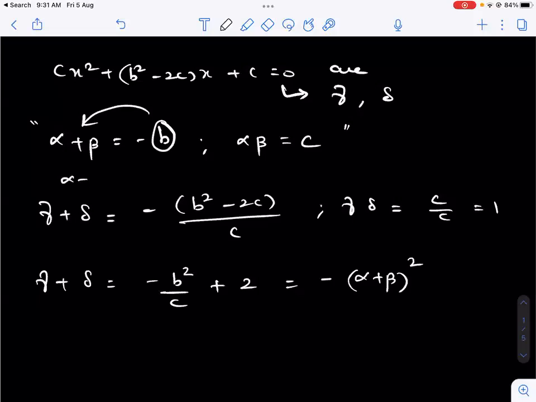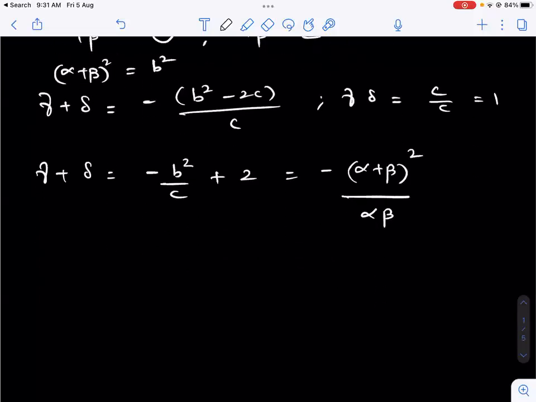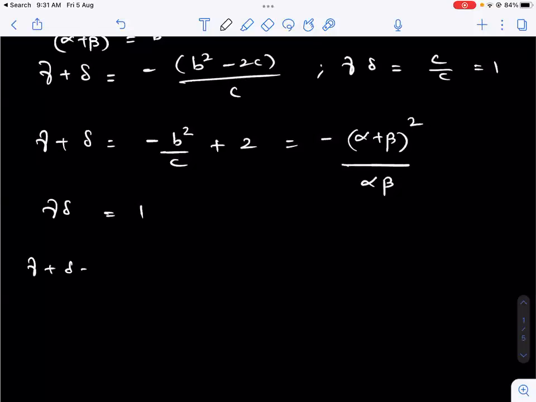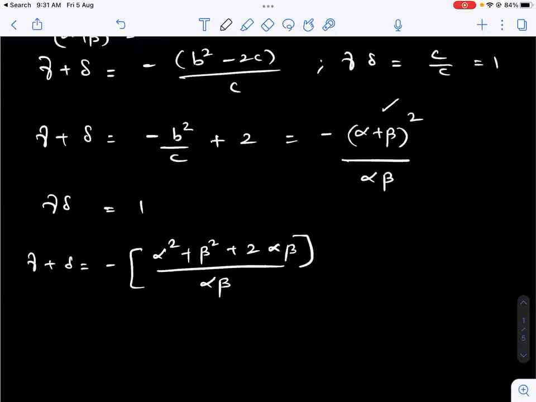If I do alpha plus beta the whole square, what will I get? I'll get b square. Is that right? So I have a minus. Minus of b square is alpha plus beta the whole square divided by, what is c? Alpha beta. And remember, gamma into delta is 1. Now, gamma plus delta is equal to, how much is this? Minus of alpha square plus beta square plus 2 alpha beta, the whole divided by alpha beta.